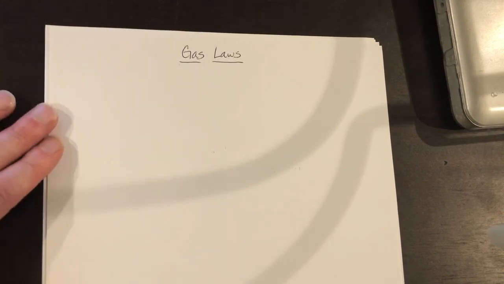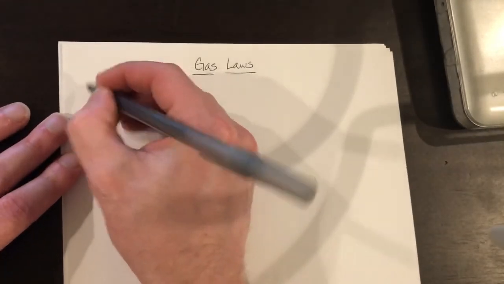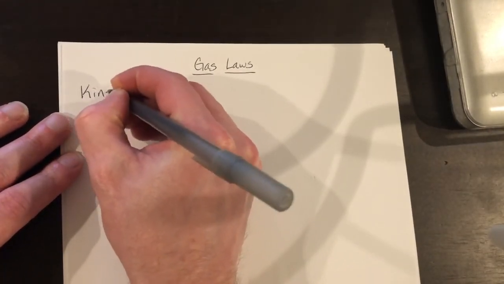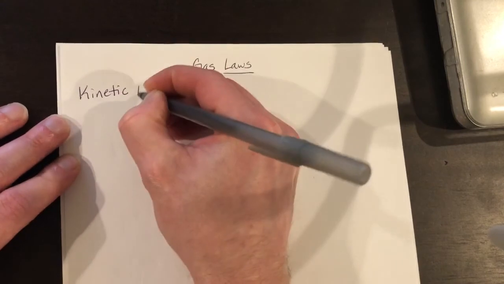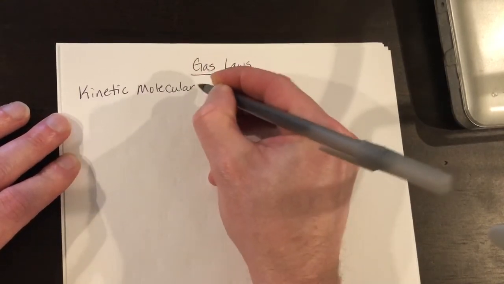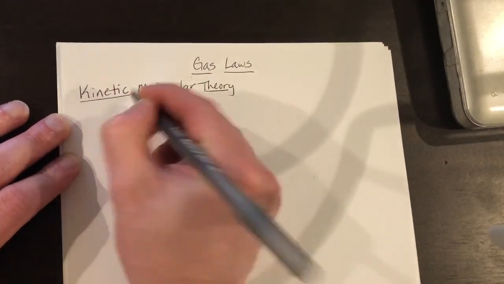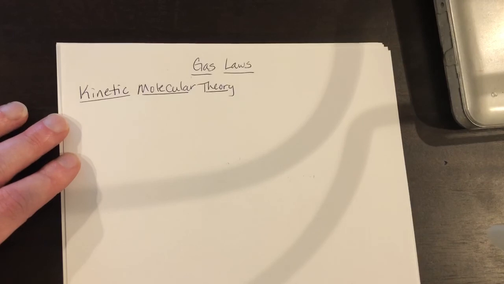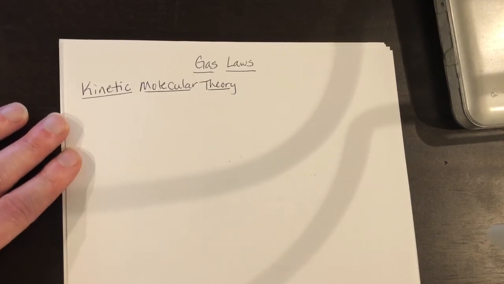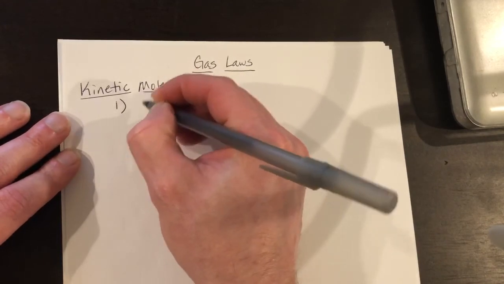So the first thing we're going to talk about when we talk about gas laws is something called the kinetic molecular theory. And it has three parts to it. The first part says that all matter is composed of atoms.